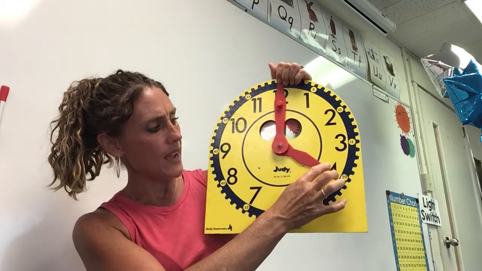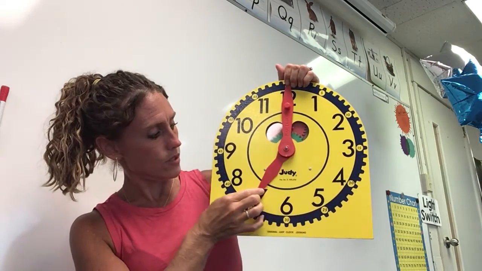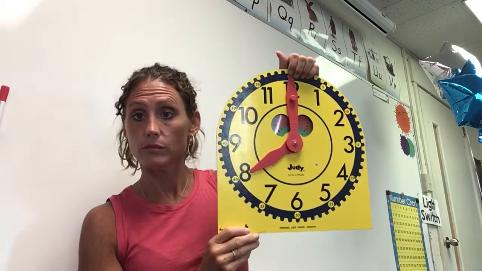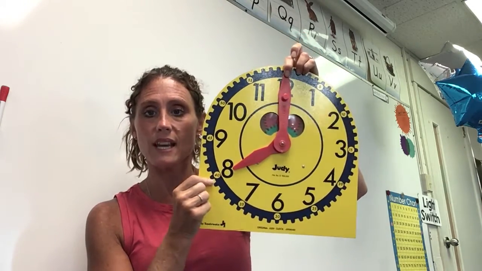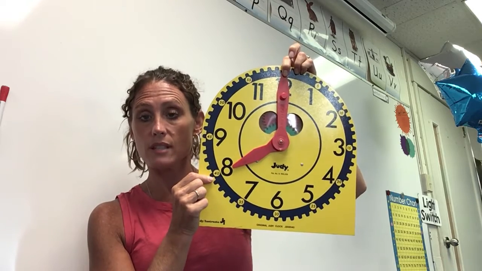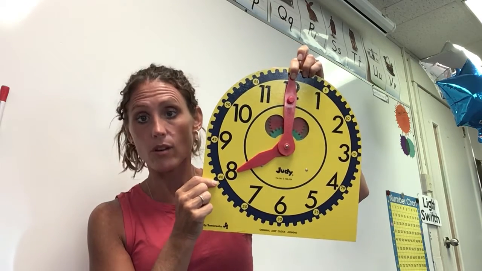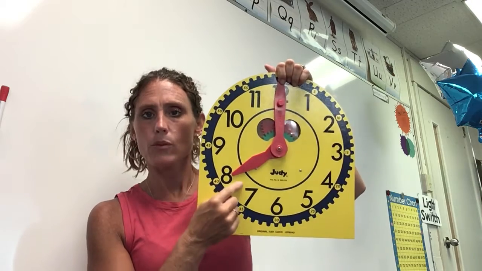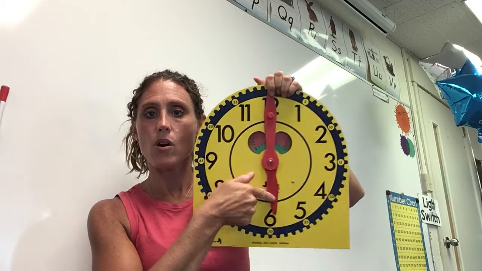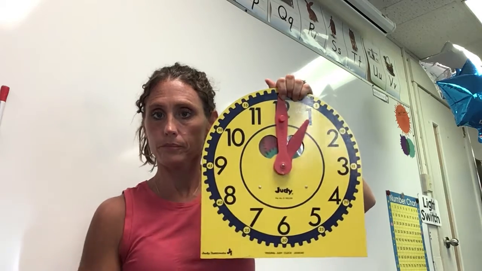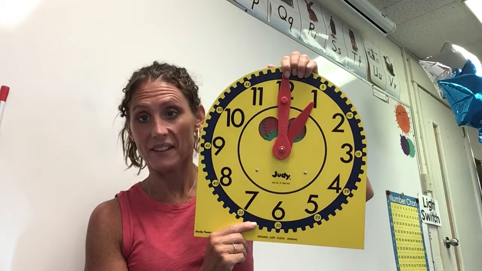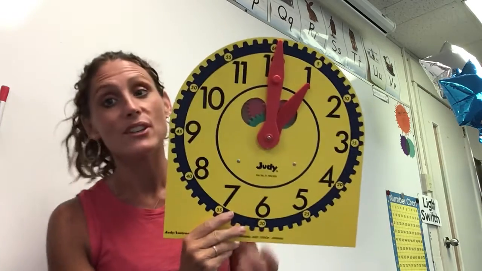What if I moved my hour hand to the 8? What time is it now? If my minute hand hasn't changed, but my hour hand is on the 8, it's going to say 8 o'clock. What happens if I put my hour hand all the way to the 1? It is now 1 o'clock. Okay? So hopefully you're catching on.